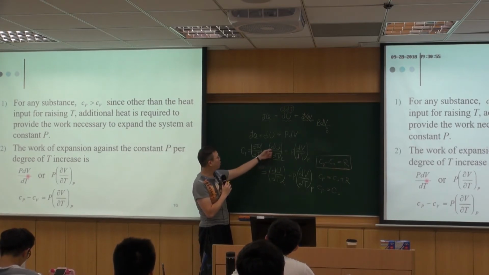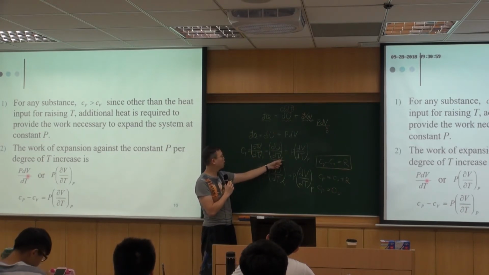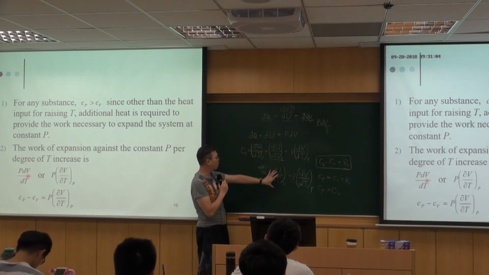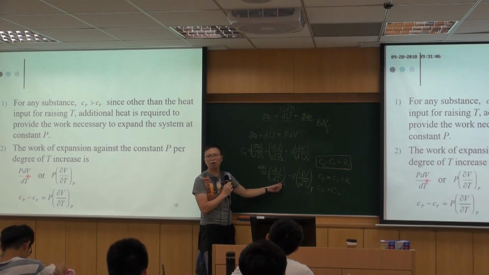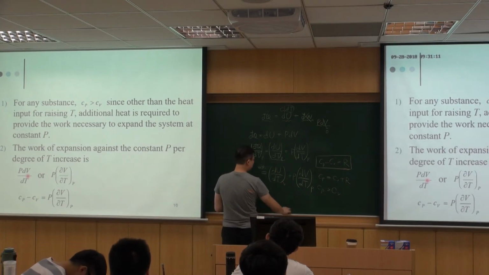So we have dU over dT at constant pressure, a fixed P. But if this term is the same as dU over dT at constant volume, then this is pretty straightforward.